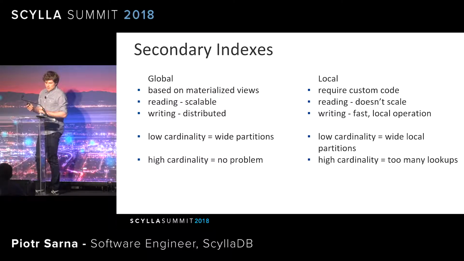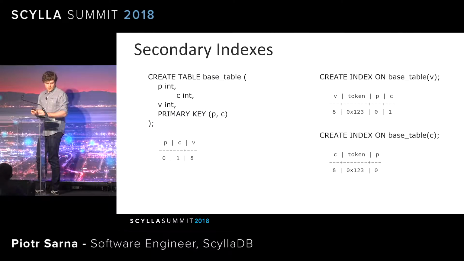For local indexes, however, low cardinality also causes local wide partitions, but they are local, so it's slightly better, still not very good. But high cardinality means that we have a performance issue because we contact huge data structures just to return a few rows. So bottom line, we decided to go with global secondary indexing.